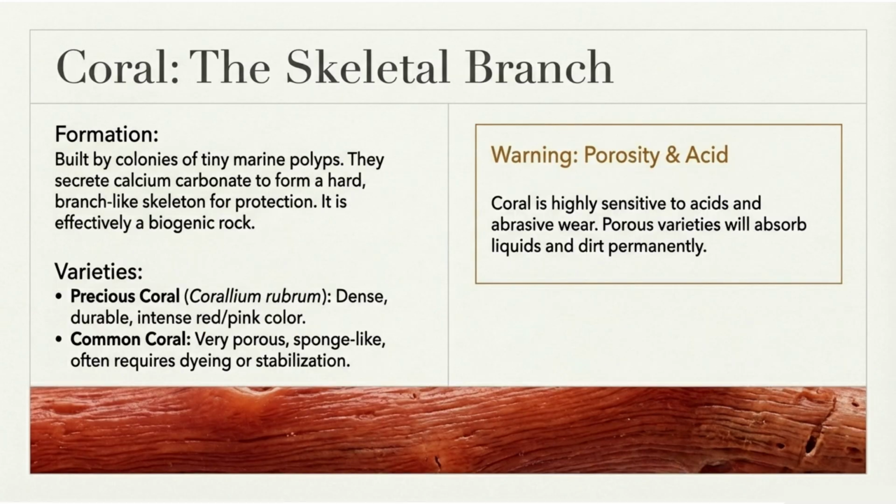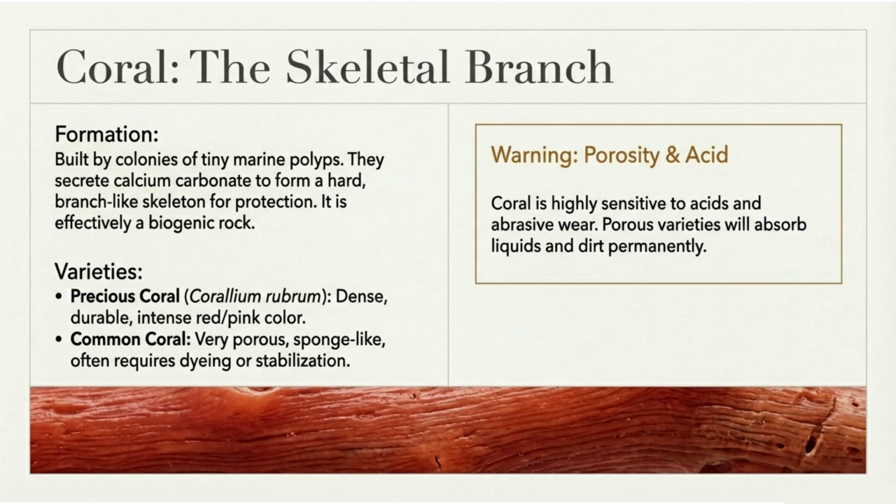Now we head underwater again, with coral, the skeletal branch. Formation. Coral is built by colonies of tiny marine organisms called polyps. These polyps secrete calcium carbonate to form a hard, branching skeleton that protects them. Essentially, a biogenic rock.